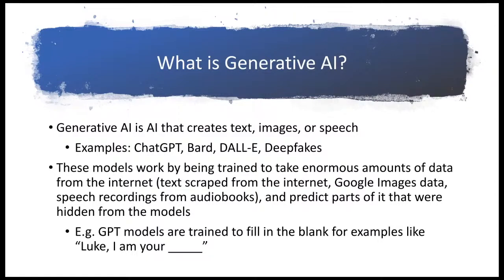But less well known and less talked about are the generation of images and speech. There has been some work in trying to generate full images from, say, a single text prompt. One of the forefronts of that has been a model called DALL-E by OpenAI and another model called Stable Diffusion. So there are ways to now generate images that are realistic and that people can't really figure out.